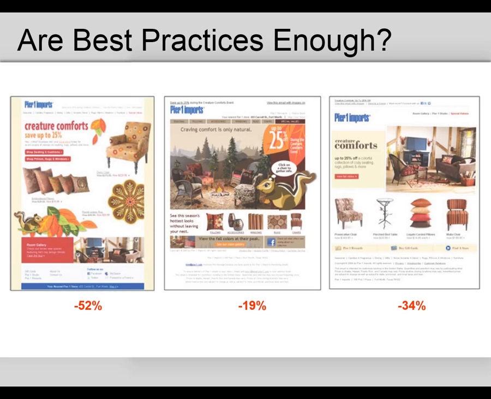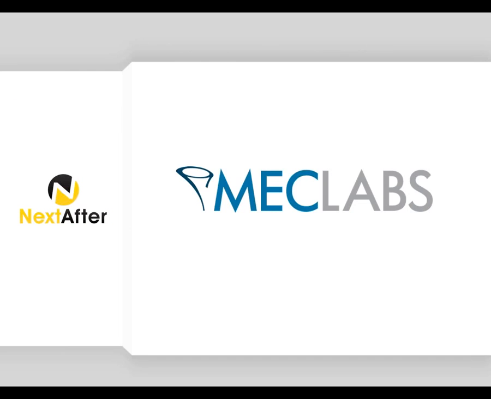And so what I want to do is share with you today something that honestly has changed my life, and it is the discovery of the Meth Labs email optimization methodology. So let me give you a brief overview on Meth Labs. Meth Labs is one of the largest, in fact, is the largest optimization institution in the world.